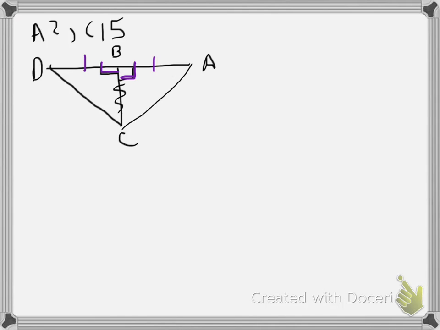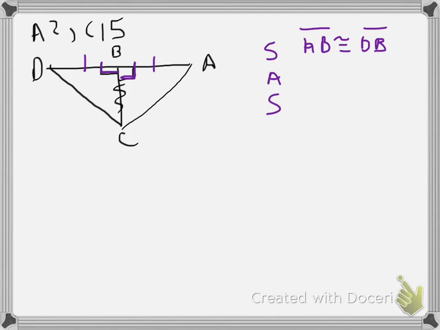It says, what additional information is needed? Is that enough information to prove it? Well, it is enough information, because we've got a set of sides. We can use SAS because AB is congruent to DB.